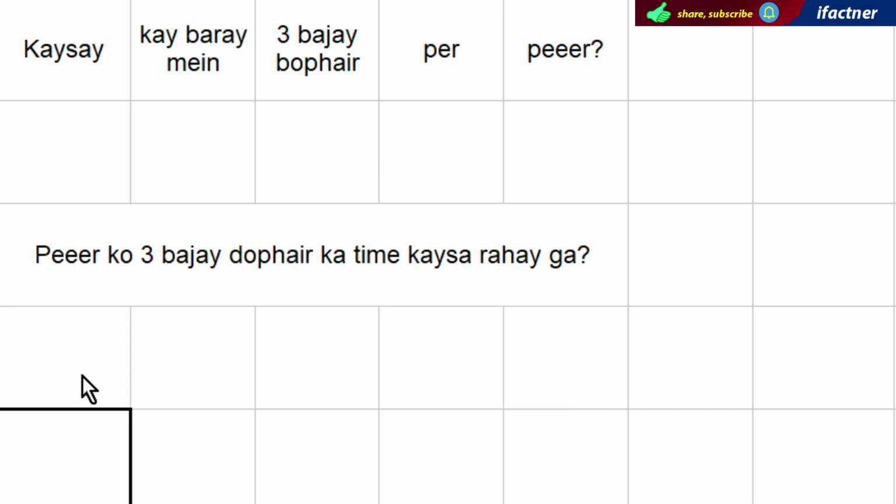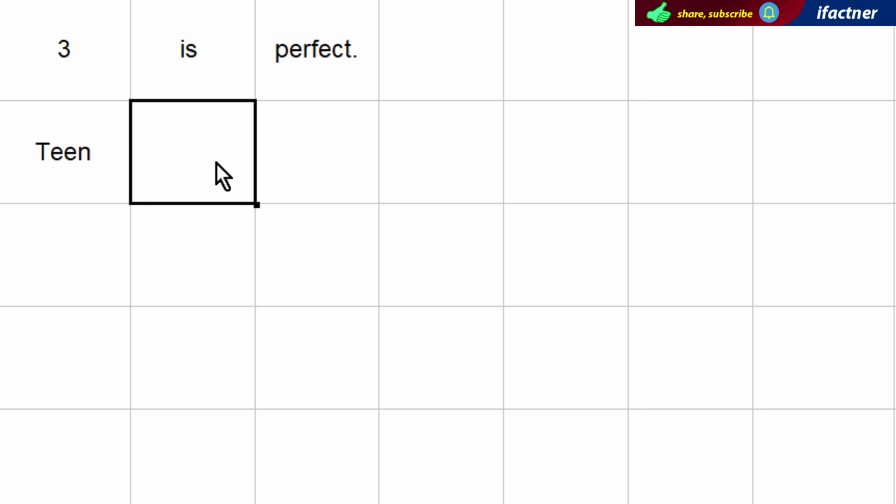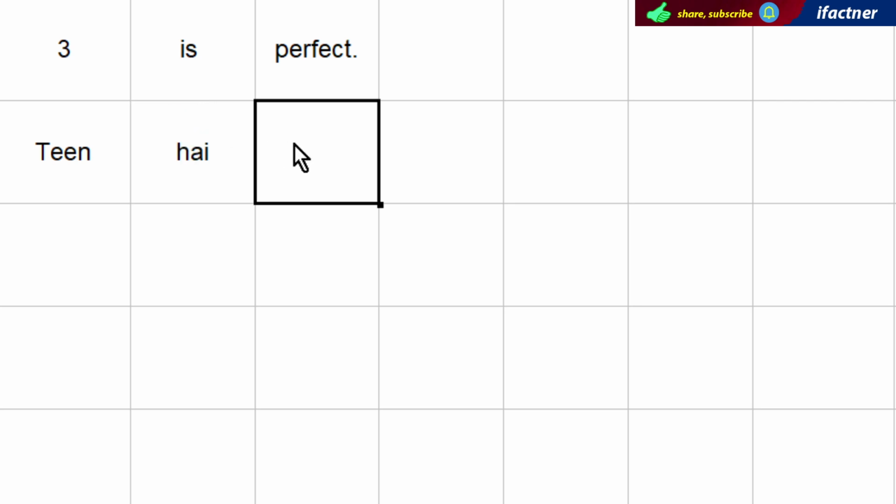So you can say, 3 is perfect. Now 3 can be translated in Urdu as 3, is, है, and perfect can be translated as perfect or बिल्कुल ठीक. बिल्कुल ठीक is very okay.